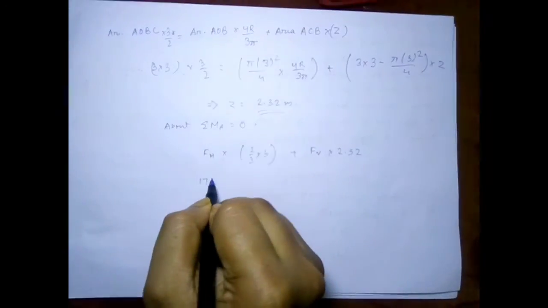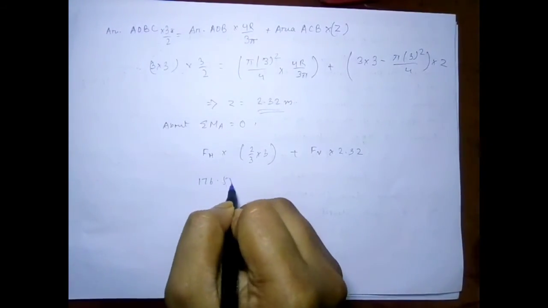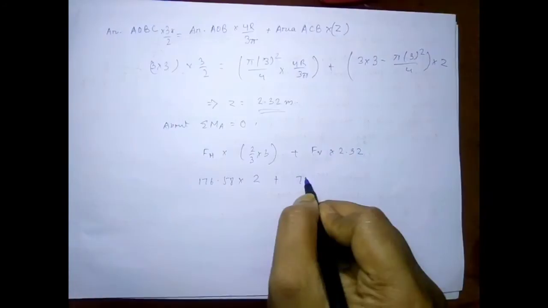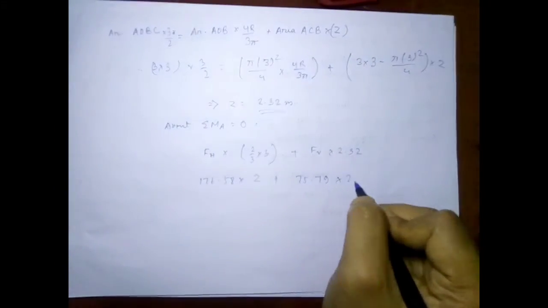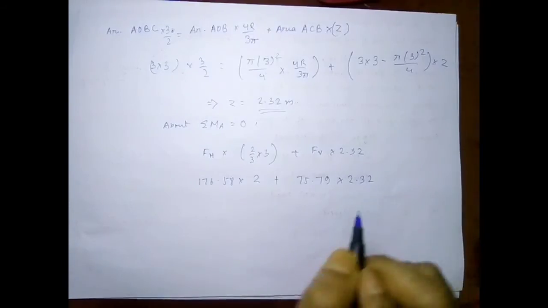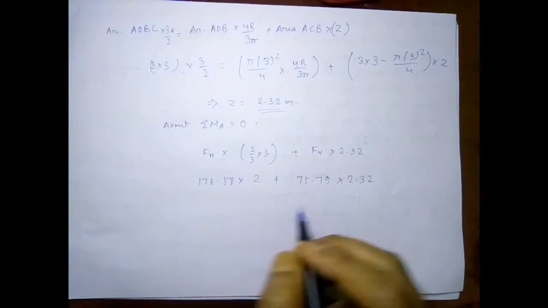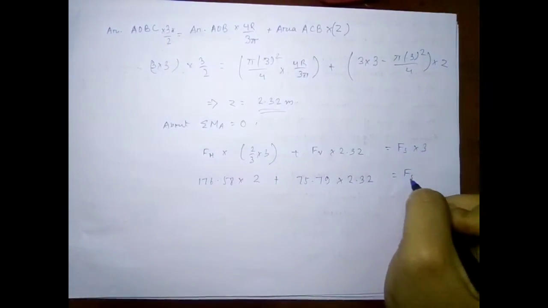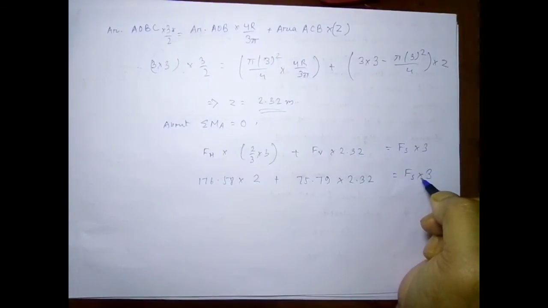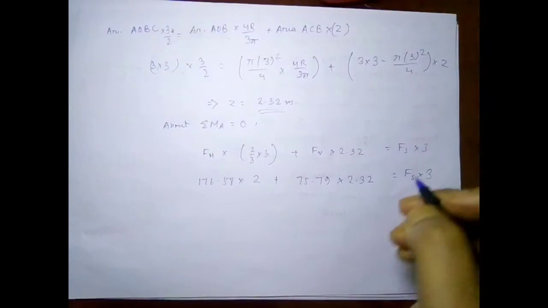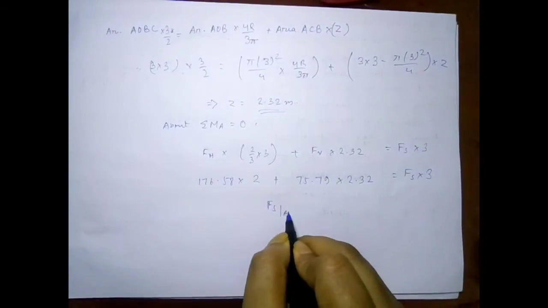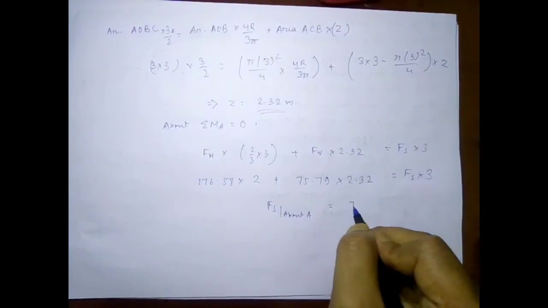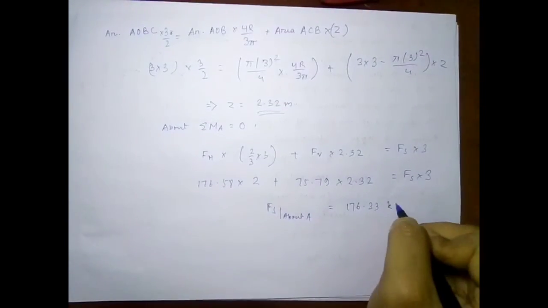So just putting the values, 176.58 times 2 plus FV will be 75.79 times 2.32, and thus we will get, and that will be equal to Fs times 3. So Fs about A will be equal to 176.33 kilonewtons.